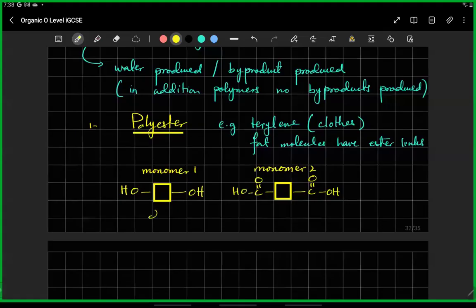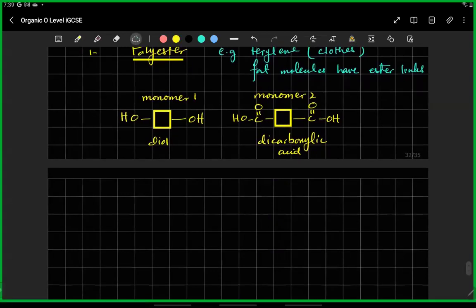Mix भी हो सकता. So one of them is going to be a diol. Diol का मतलब है दो alcohols, ठीक है. The other one would be a dicarboxylic acid. ठीक है. The box in the middle could be anything, ठीक है. The box represents a molecule. Think of the box as a bunch of carbon atoms. मतलब कुछ भी हो सकता है, ठीक है.